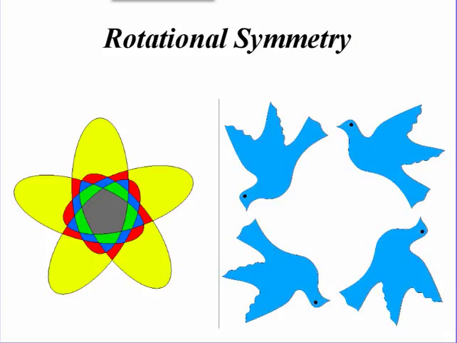This one, notice the birds. It's been rotated around 4 times. Now if I think about the center of rotation, where would the center of rotation be here on the left? The middle of the pentagon. Right in the middle. That's where it's going to rotate around. Where's the center of rotation going to be here? In the middle here. So remember what we think about when we think about a center of rotation. We think about the center of a clock and it just rotating around.